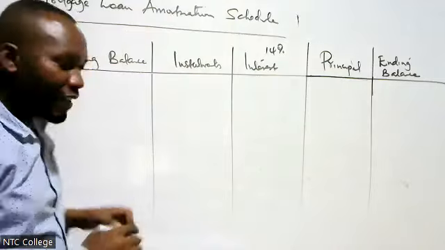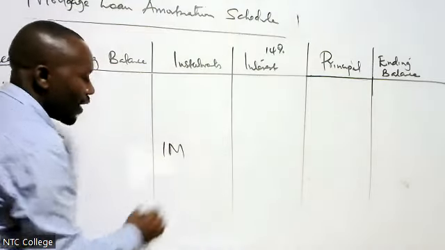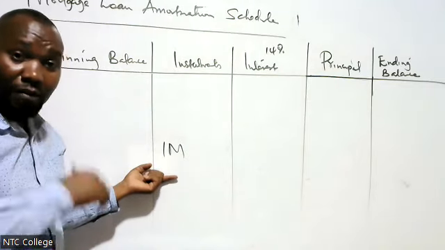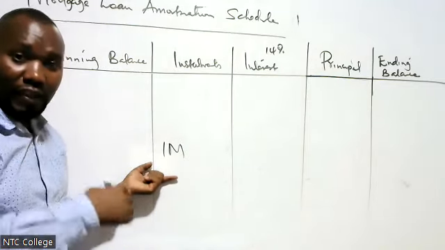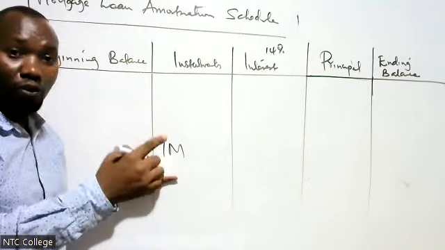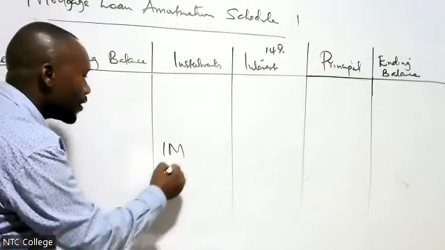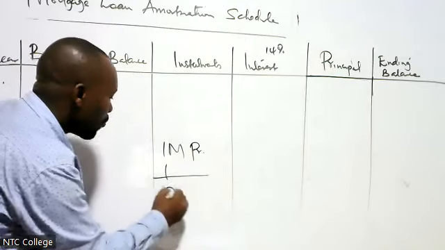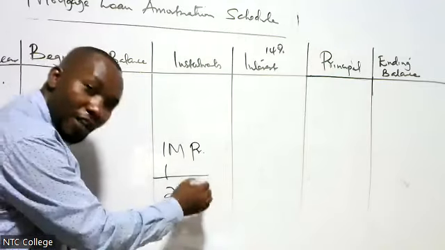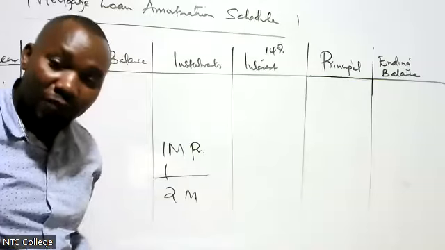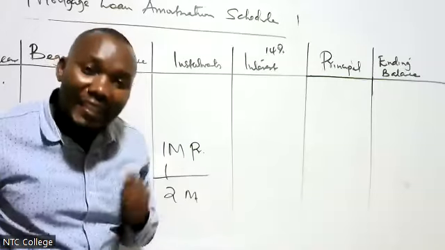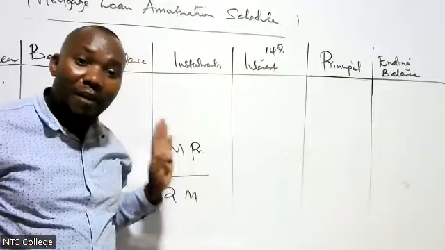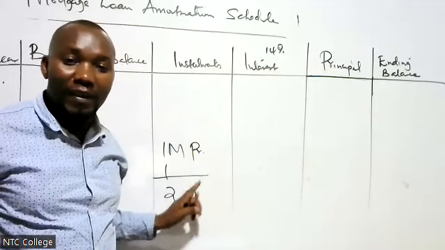Yani nikichukua loan ya 1 million, alafu nikose kulipa, nimefail kulipa, the bank wataacha izae interest. That interest can grow. Ikifika 1 million, which is equivalent to the principal, I'll be having a total of 2 million. Wanaenda stop hapo. That is a law. So hata ikikaa 20 years, 100 years, the interest cannot grow more than this, hata bila mimi kulipa.